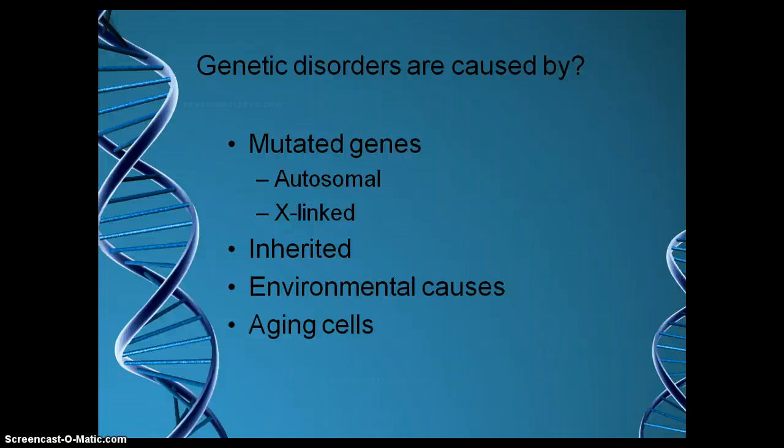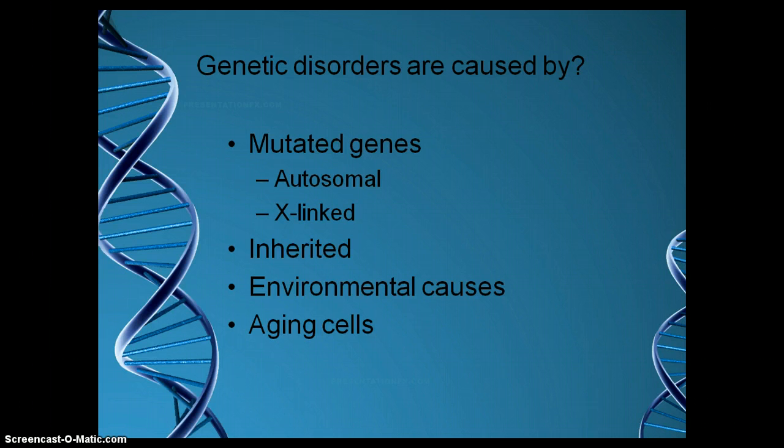Genetic disorders can be inherited. They can be caused by environmental things such as exposure to radiation, whether it be artificial radiation from the sun where you could get skin cancer, or radiation from some type of a nuclear treatment plant, and then you can also get all kinds of genetic mutations from that.